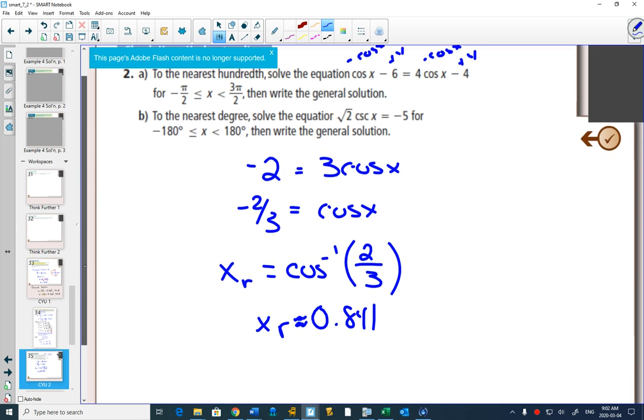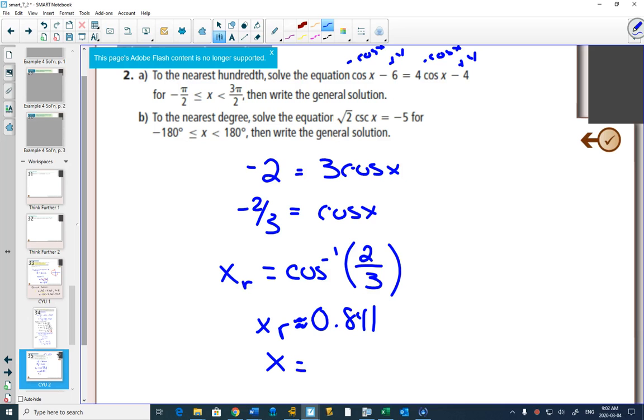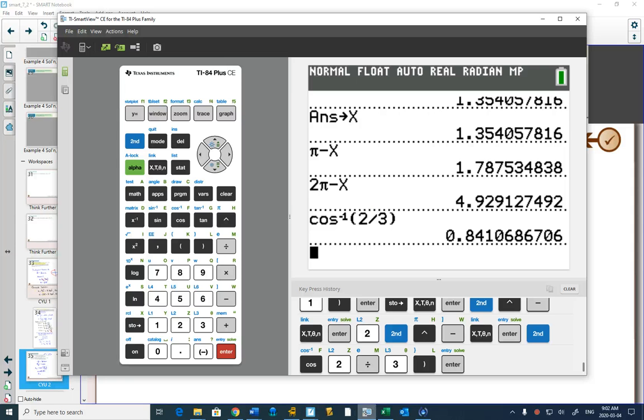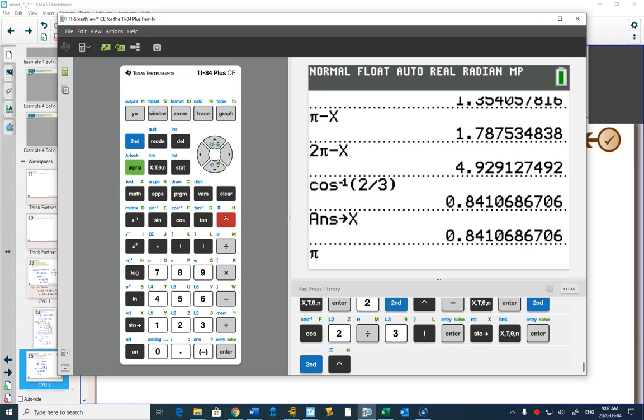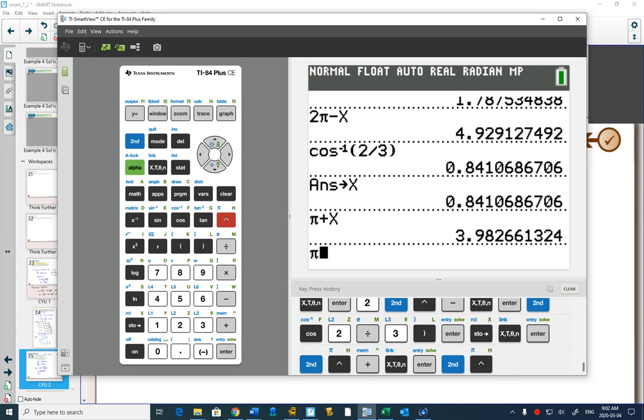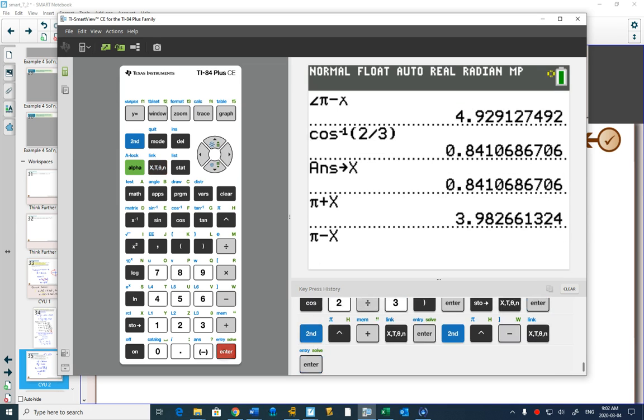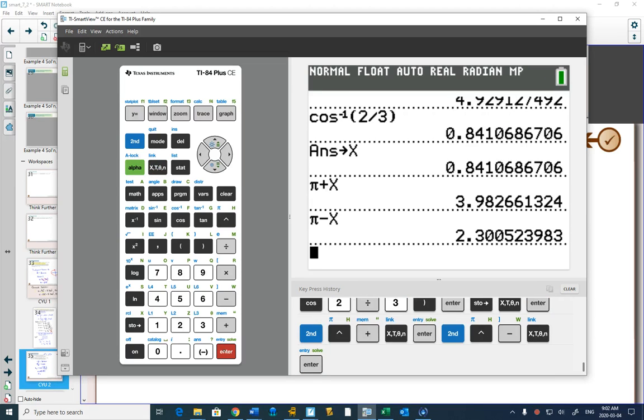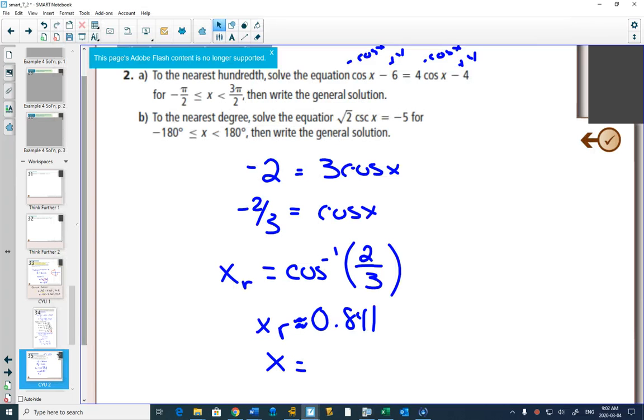So our angles for x, well, since cos is negative, it will be in quadrants 2 and 3. I'm going to go to my calculator and store this reference angle as x so that I can quickly calculate pi plus x in quadrant 3 and pi minus x in quadrant 2. 2.301.